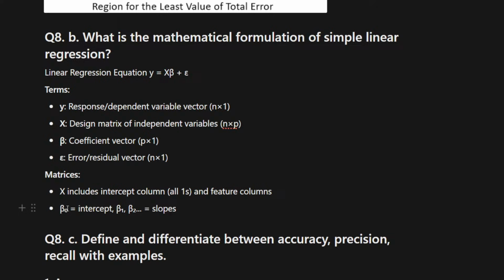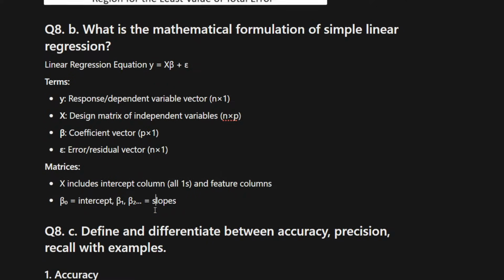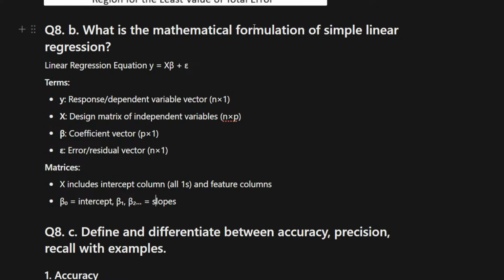And in the beta matrix, beta 0 is the intercept, and beta 1, beta 2, etc. are the slopes for the line that you are drawing. So if you are asked the mathematical formulation, you can just write this simply and then explain what each term means. That's it.